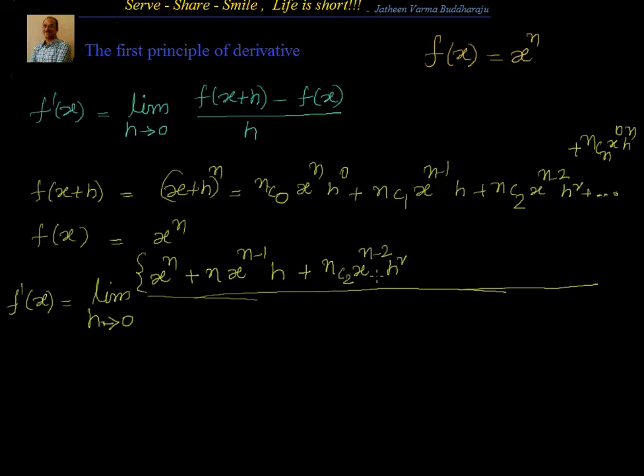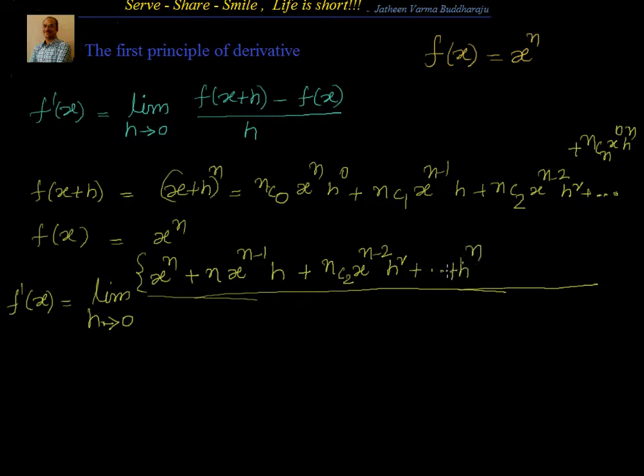You can see that all these terms have h value which is a multiple of h. That means when I substitute h equal to 0, all of them will become 0. Anyway, let me just fill this up. The last one will be nCn. That's nothing but equal to 1, we know that, and that's equal to h to the power of n.